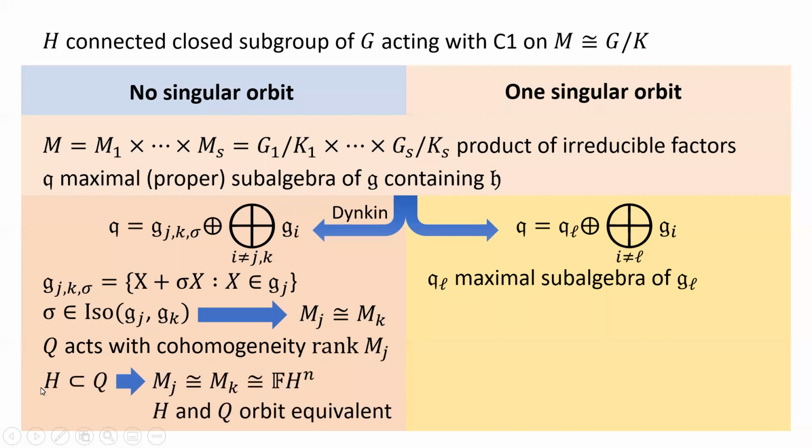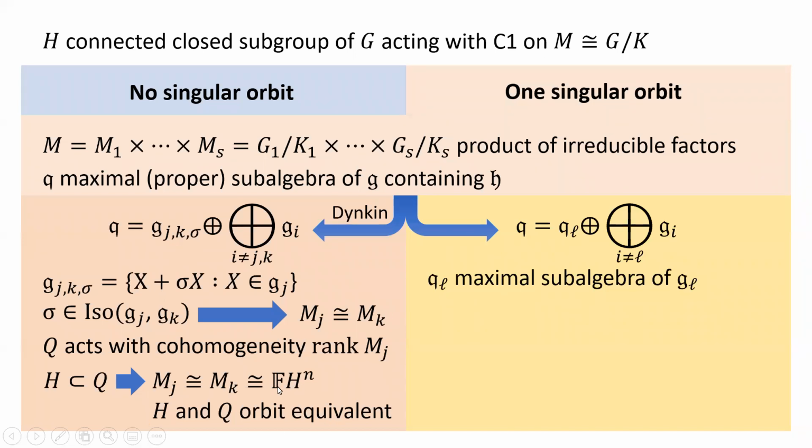But H was contained in Q, and H acted with cohomogeneity 1. So Q must act with cohomogeneity 1. Okay, it cannot act transitively. So the rank of Mj and the rank of Mk is 1.